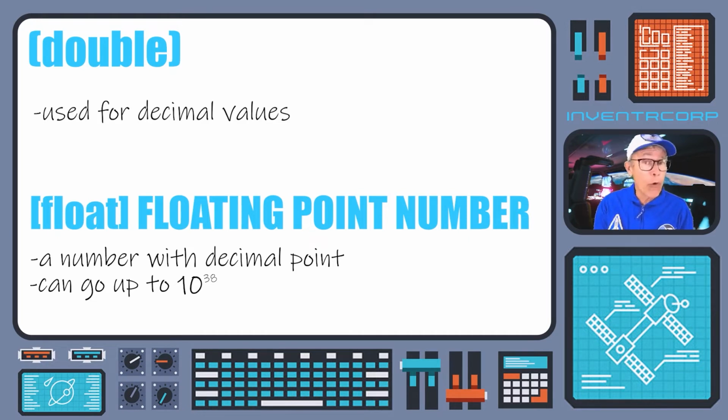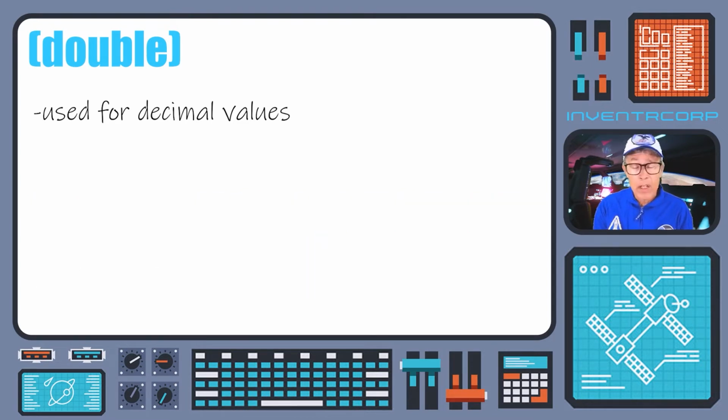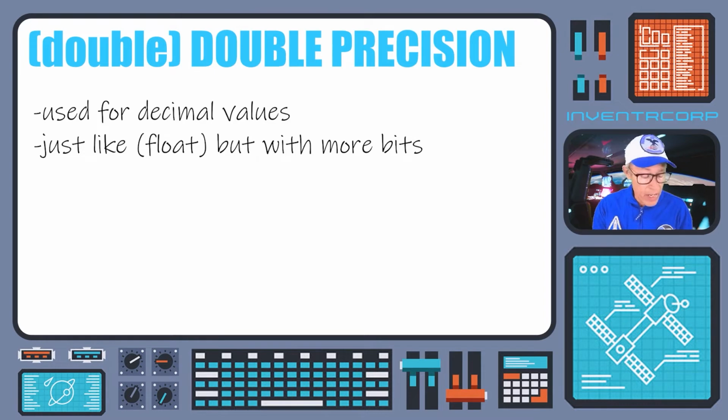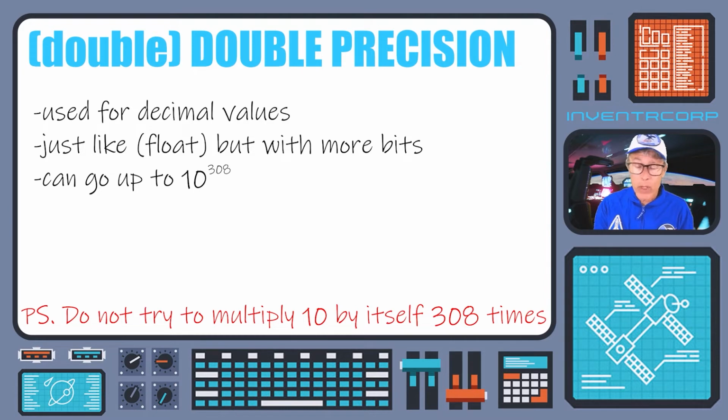If you needed more range, you could use an even longer floating point number called a double. A double just has twice as many bits as a float does, and double is just short for double precision. So a double precision number, or just a double for short, can go all the way up to 10 to the 308th power. That's a huge number, more than we'll ever need.